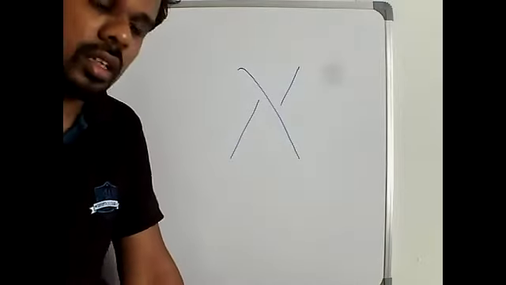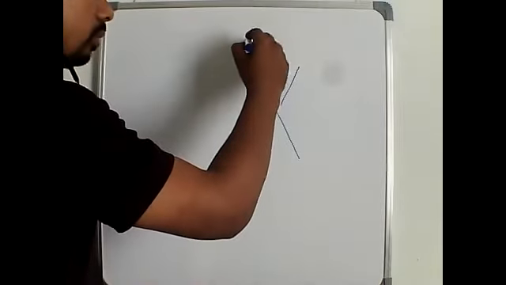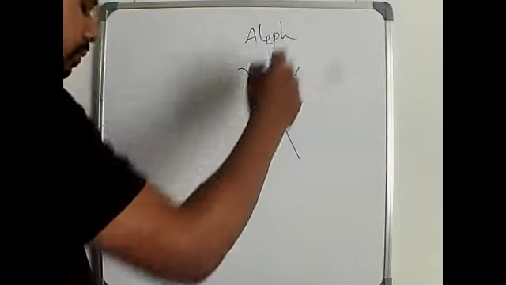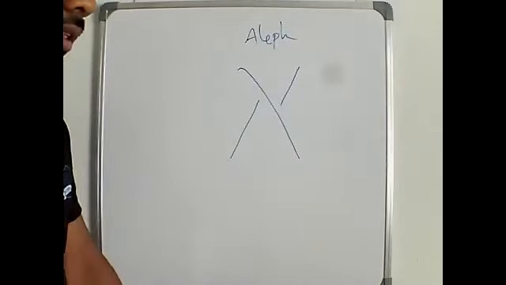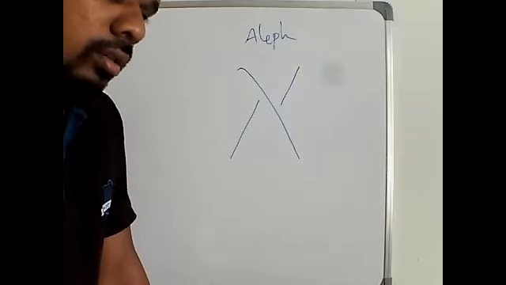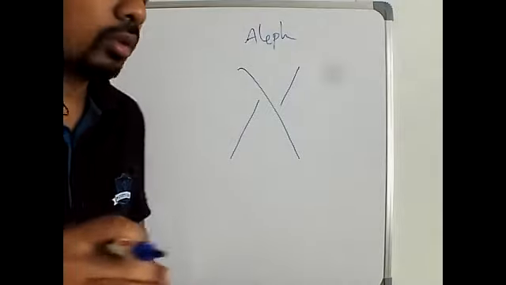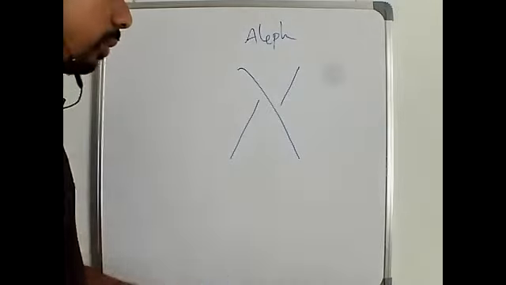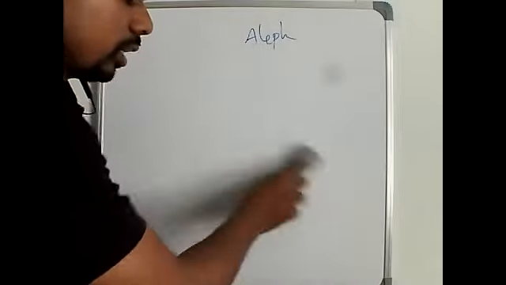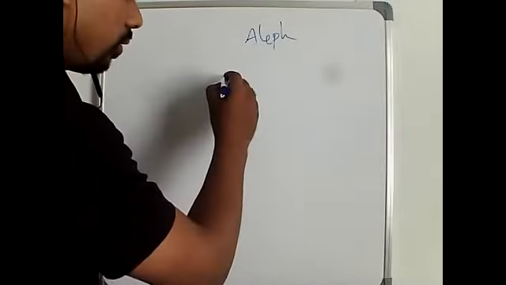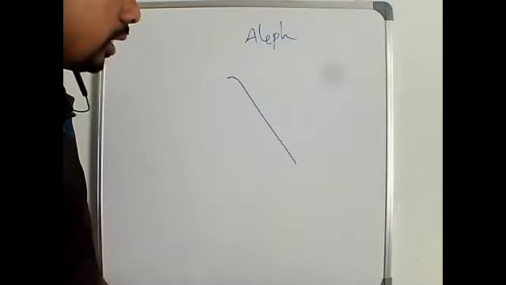The first letter in Hebrew is what is called Aleph. Please note it down. This is Aleph. Now you are also going to write in your note. I'm going to help you how to write. Please watch with me carefully and write it in your note. First, start from here. Put a slanting line across.